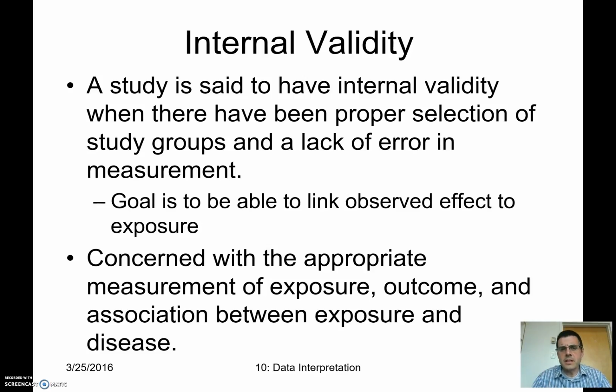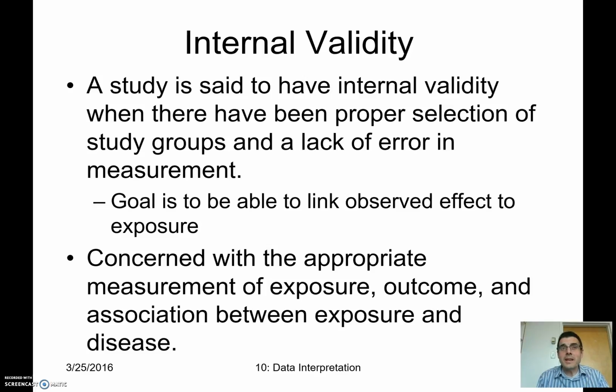Now, in a perfect study, that would actually be great. And that's the ultimate goal, to be able to link an observed effect to a particular exposure. If you think about the different types of study designs out there, community trials as well as intervention studies or clinical trials have the highest level of internal validity. But it's not always feasible to do a clinical trial, and so you have to look at, for example, case control studies or cohort studies.